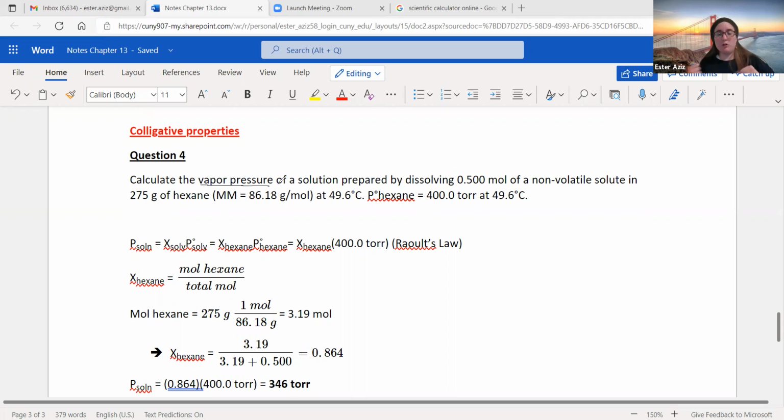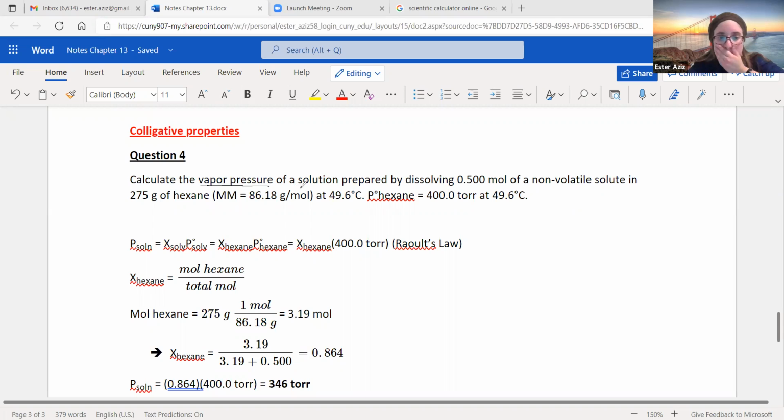When you dissolve something into a solvent, the vapor pressure of that solvent decreases. This means that if a pure solvent has a certain vapor pressure, once you add a certain amount of solute, the vapor pressure of the solvent is going to decrease.